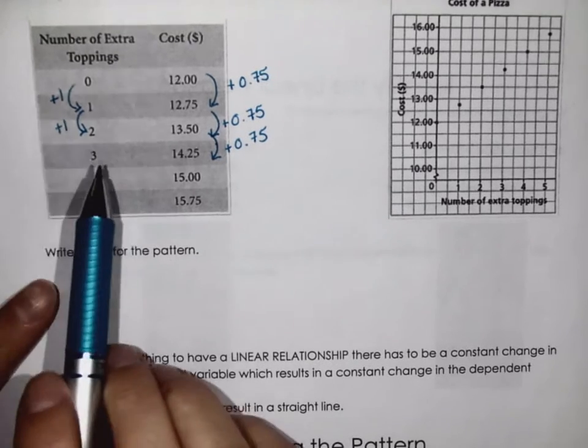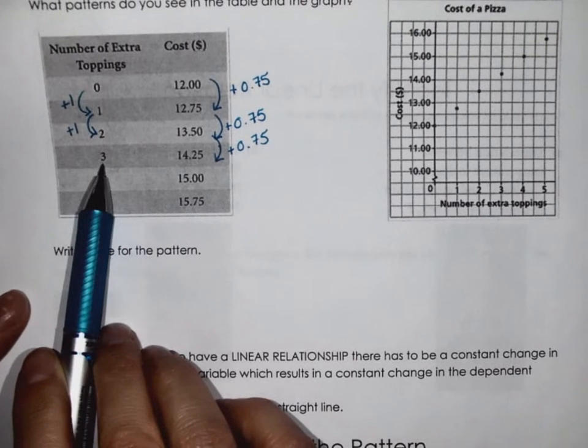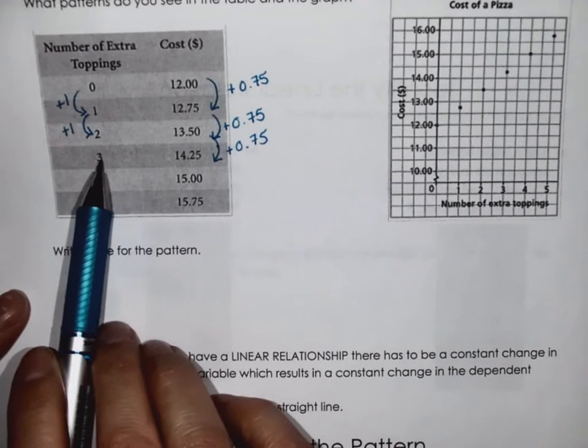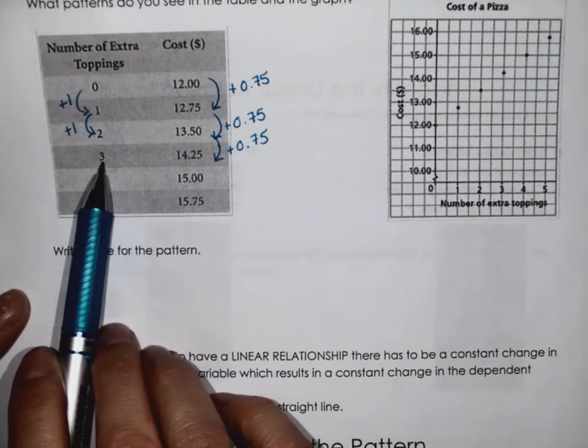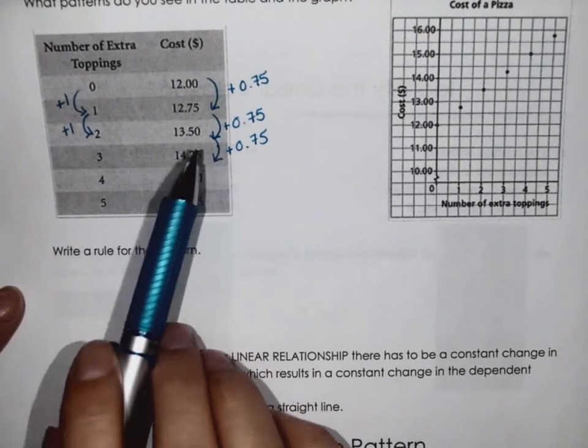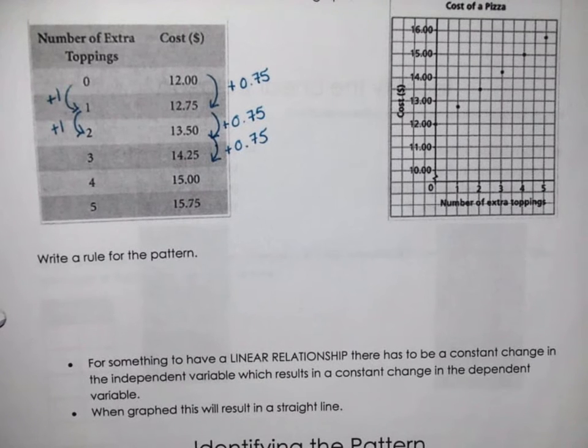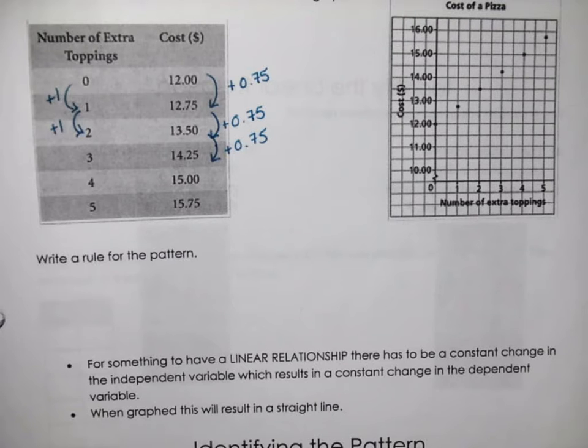If there's 3 toppings, each topping is how much? 75 cents, right? Each topping is 75 cents. Rahat. X times 75 divided by 1. Go again, say it again.